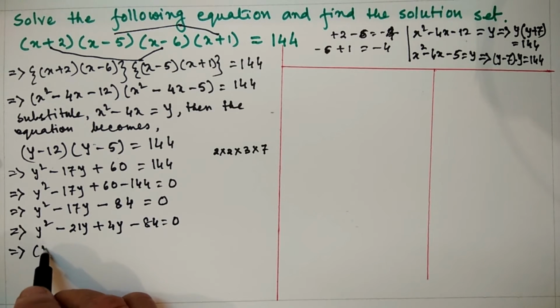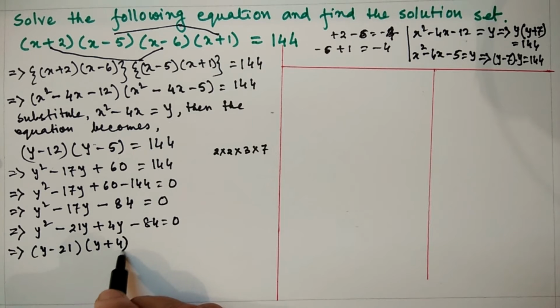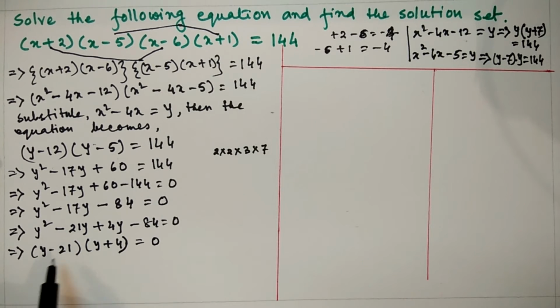Factorization method. So this will be y minus 21 into y plus 4 is equal to 0. Therefore the product is equal to 0.